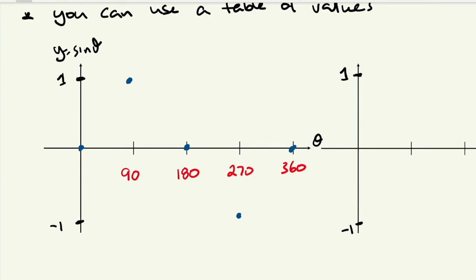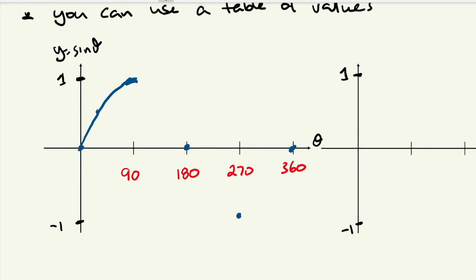So this is where exact values might come in handy. If we use the exact value for sine 30, well, that's a half. So I know that I can put in about a third, and then about halfway, an extra little dot there. Okay, and that's going to give you an idea of what's going on. But this needs to be a nice smooth curve. So it's going to come up and around.